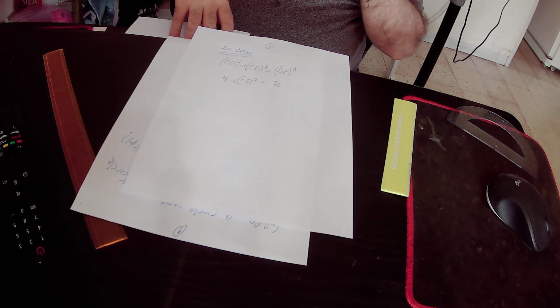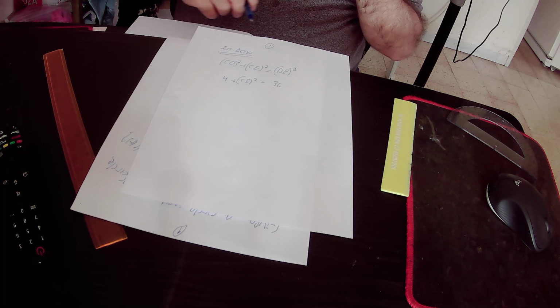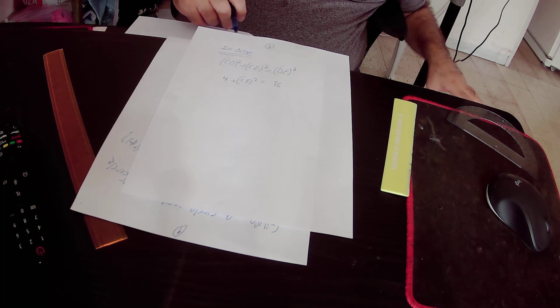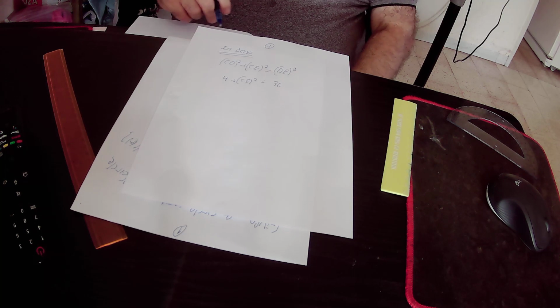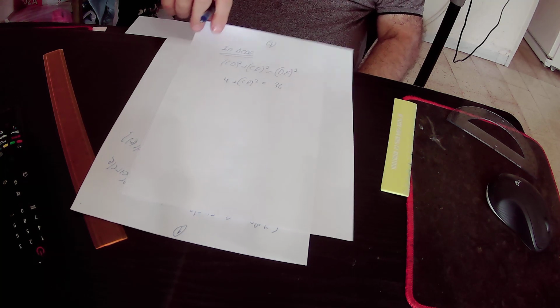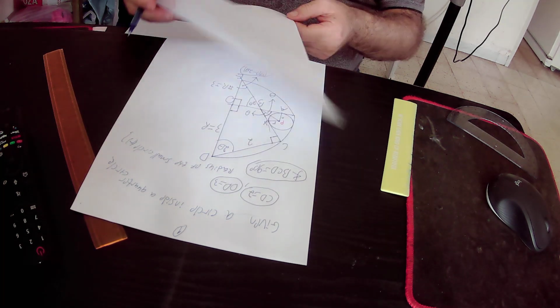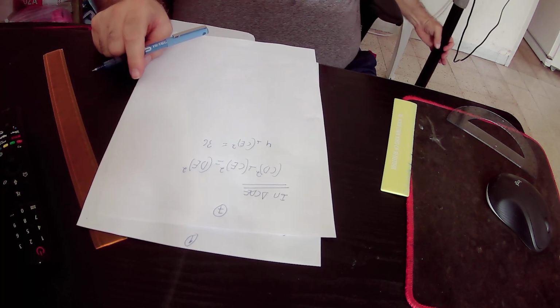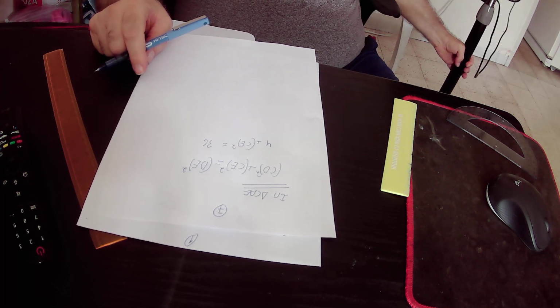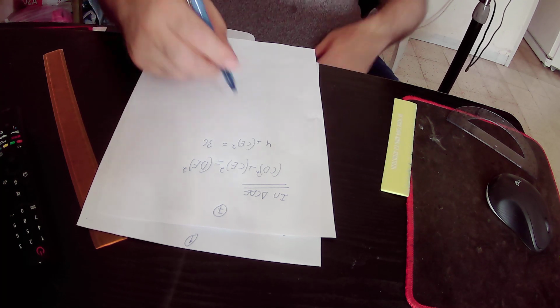So we got that 4 plus CE squared equals 36. We will subtract 4 from this equality, and we will get that CE squared equals 32.